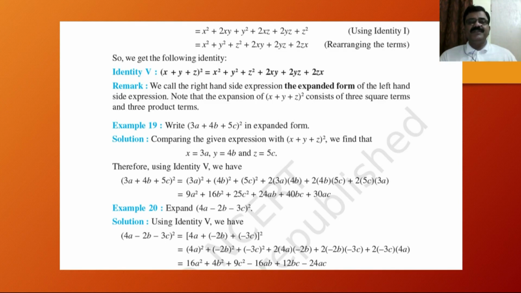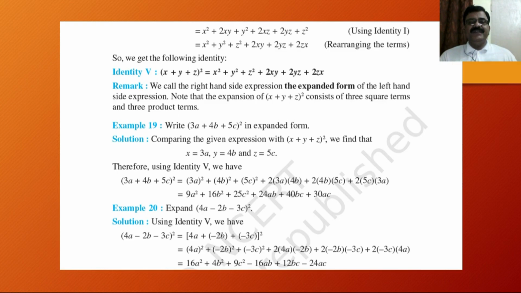You can take another example. Write 3a plus 4b plus 5c the whole square in the standard form. Comparing the given expression with x plus y plus z the whole square, we find that x is equal to 3a, y is equal to 4b and z is equal to 5c.